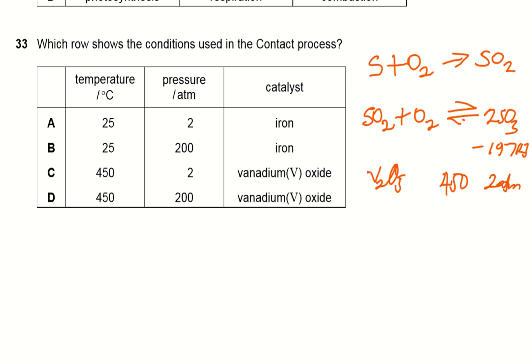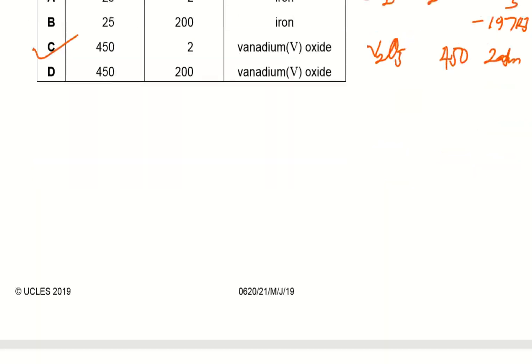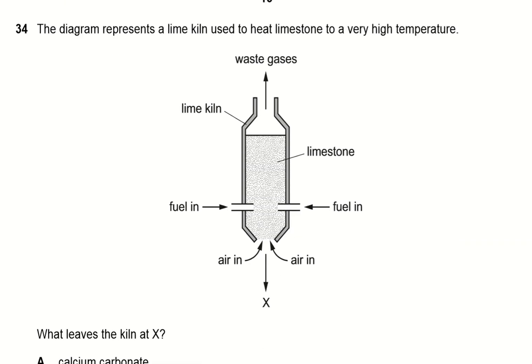That's what the reaction needs. This is a fact-based question, so you need to memorize the conditions required for the contact process, Haber process, and a few other things like that.